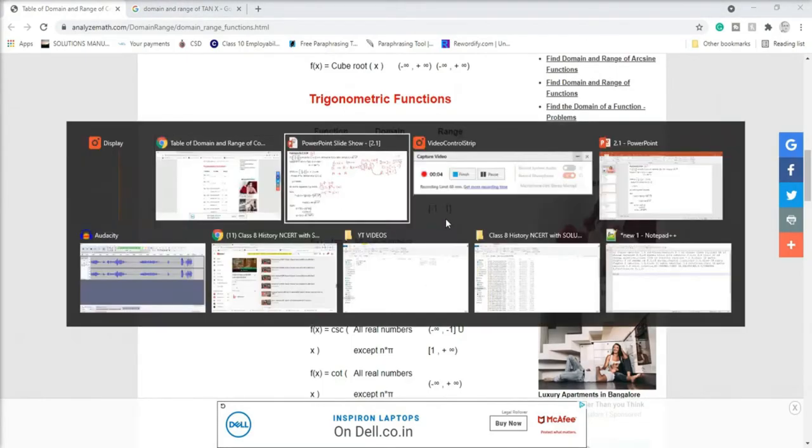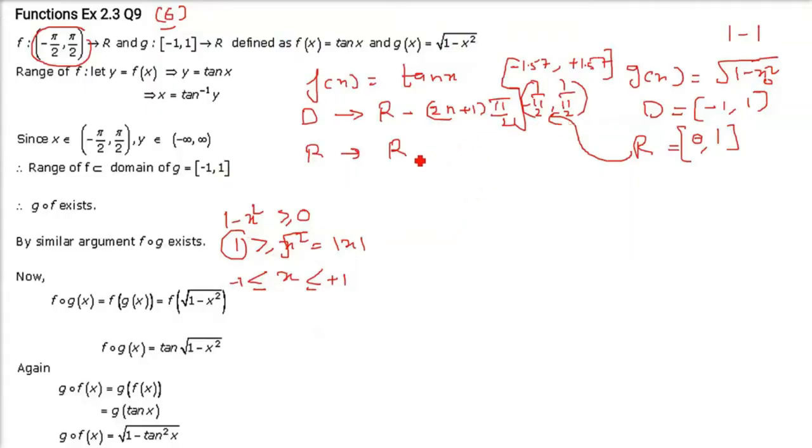The range, which is the real numbers, is not a subset of negative 1 to 1. Right? But I'll tell you how to find out if this case is there, when the range is not a subset of the domain.